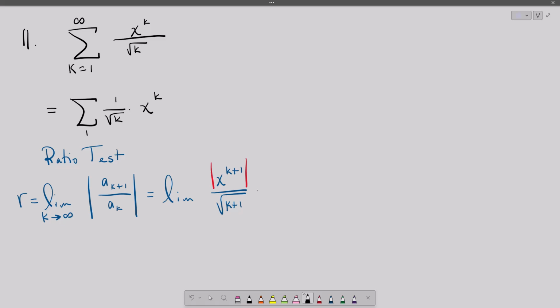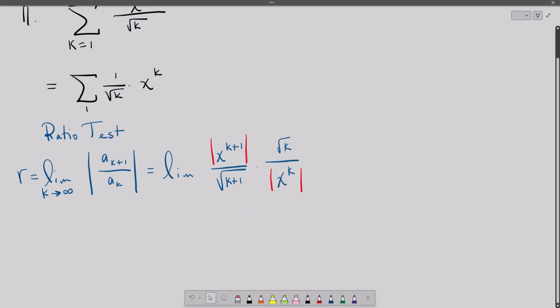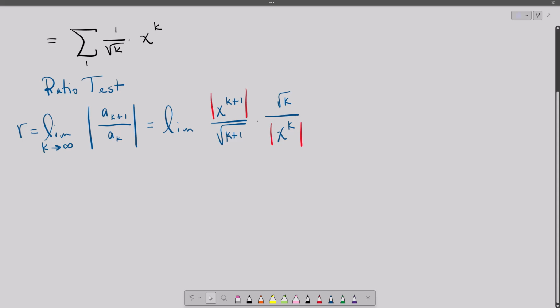So there is a sub k plus 1 absolute value. Divide by a sub k means multiply by the reciprocal. And the reciprocal of this will be root k divided by x to the k. Again, x is a real number. And when k is odd, if you had a negative real number raised to an odd power, you'd have a negative. So we have to have the absolute value bars to wipe out the negatives.